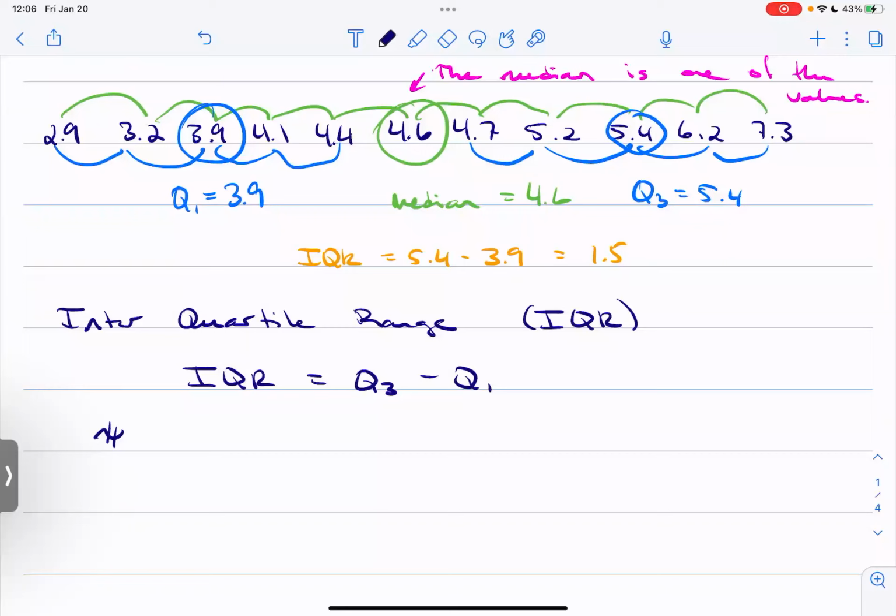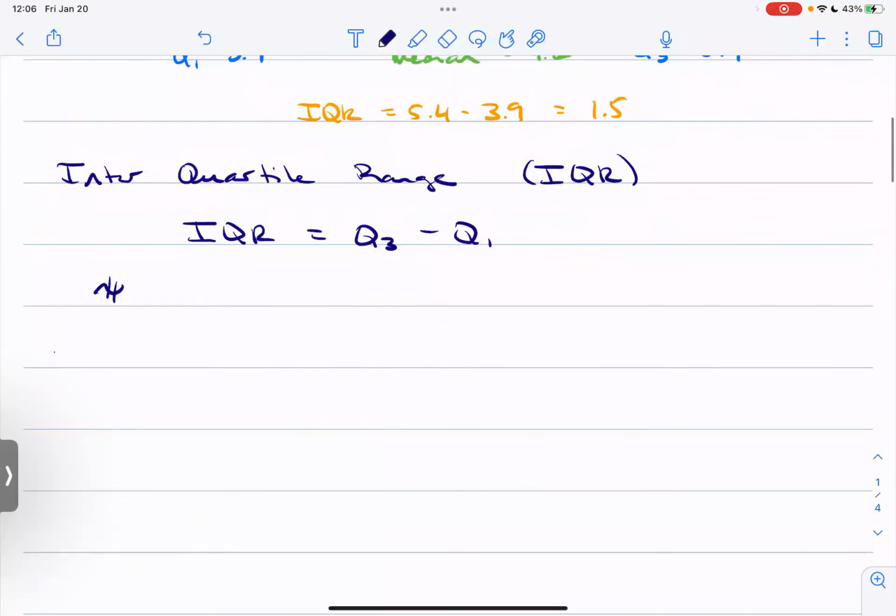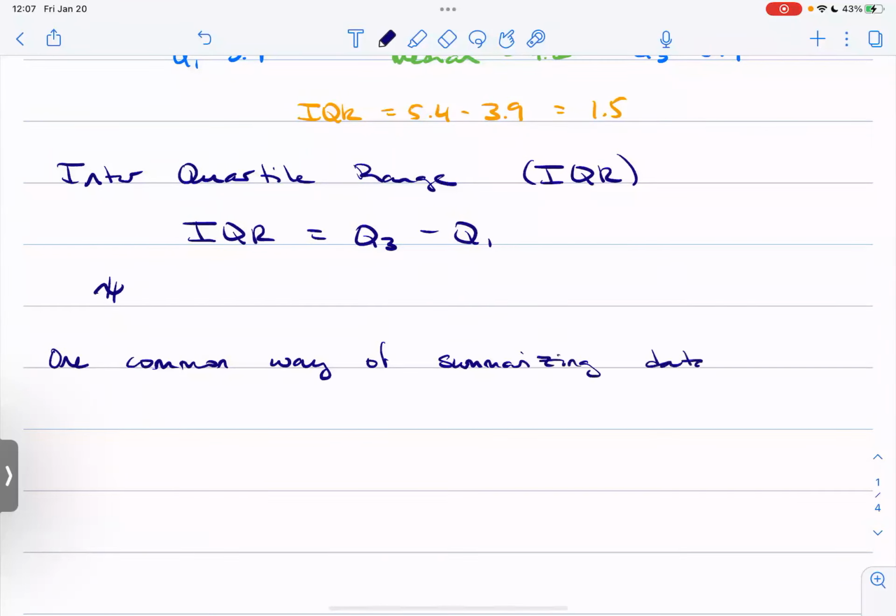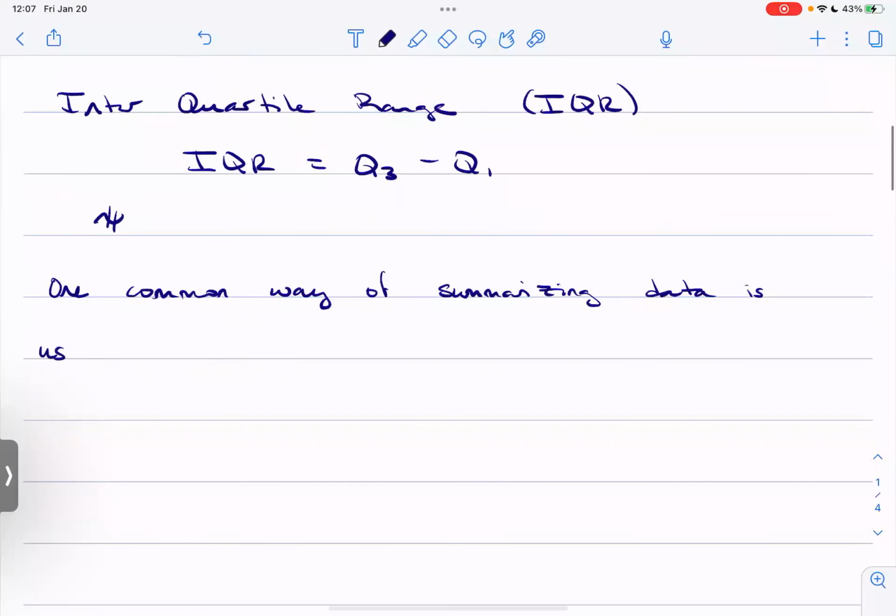All right. So one common way that we can summarize data is using what we call a 5-number summary. What is the 5-number summary?